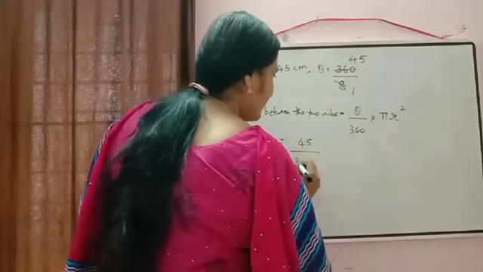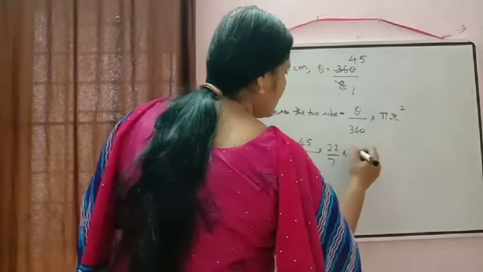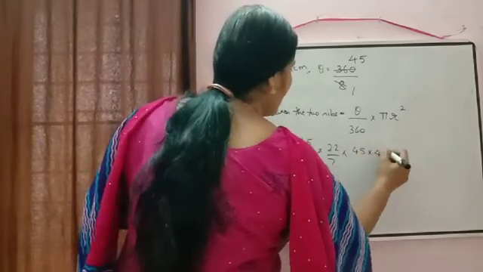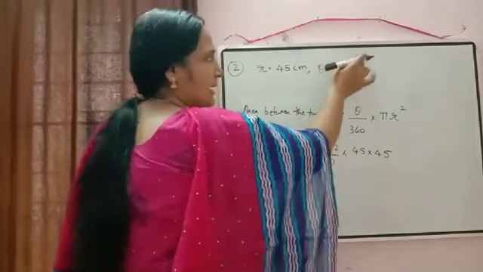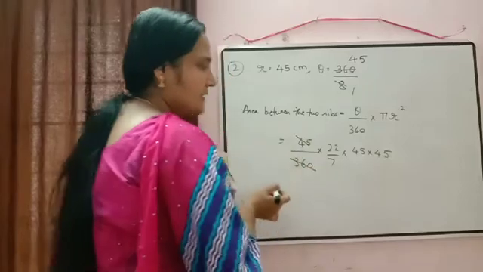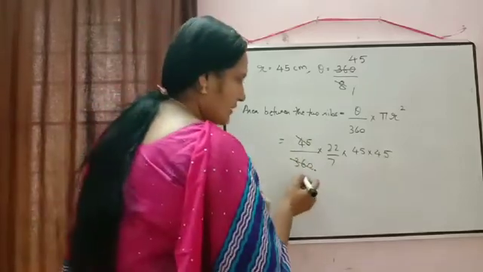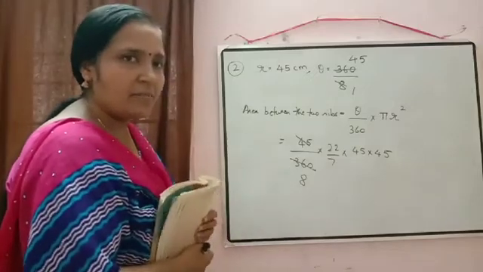So 45 by 360 into 22 by 7 into 45 into 45. Now we know when we divided 360 by 8, we got 45. So when we will cancel 45 by 360, what will come? Yes, it will be equal to 1 by 8. Now I think remaining cancellation you can do by yourself.